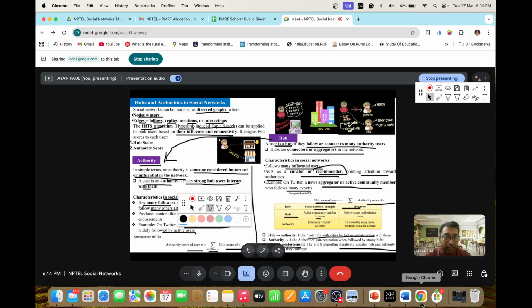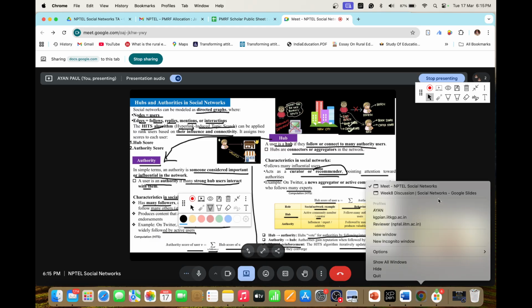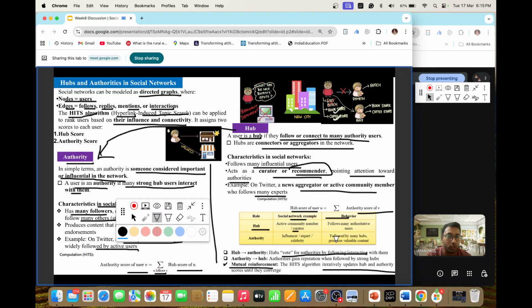And a user is a hub if they follow or connect to many authority users. Simple. In social media, an authority can be an influencer, expert or celebrity, whereas hubs are active community members or curators. This much you have to understand, and there is a mutual reinforcement among the two. So this is the complete picture of hubs and authorities.